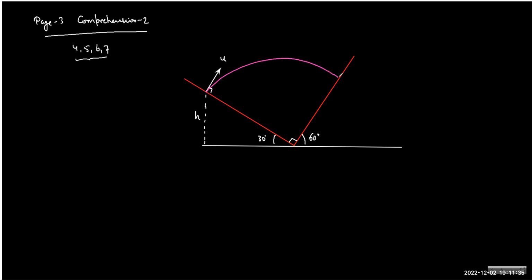This is given to you. So can you find the time of flight? I think it's very easy to find the time of flight if you choose this as the x dash and y dash. Correct?